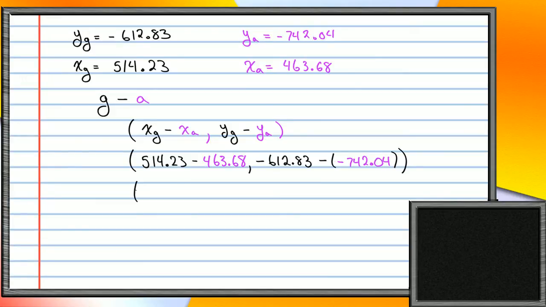So what numbers do we get? 514.23 minus 463.68 is 50.55. And we'll get negative 612.83 plus 742.04, which gives us 129.21.